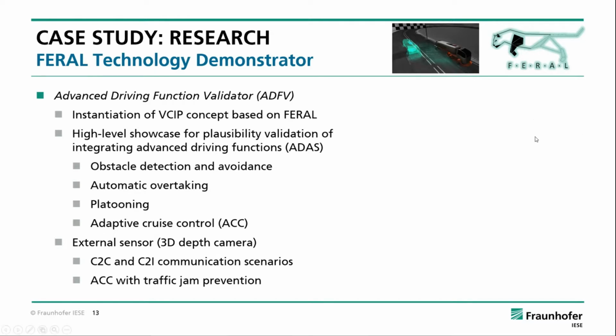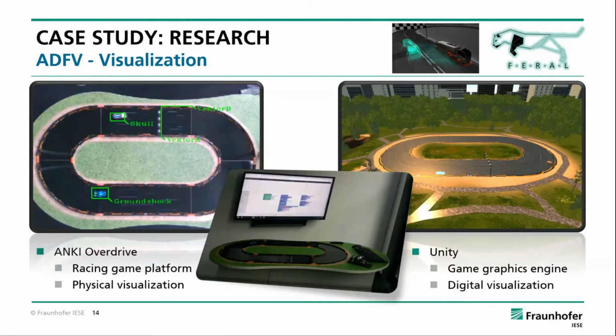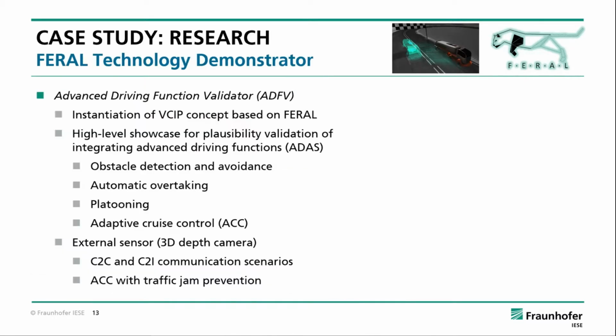It's our advanced driving function validator, which is basically a racing game platform, the Anki Overdrive, that we've used for the validation of certain concepts. And here we wanted to use Feral and also show the applicability for checking specific advanced driving functions, for example obstacle detection, automated overtaking, platooning, and adaptive cruise control.